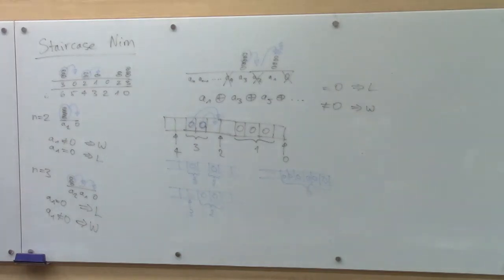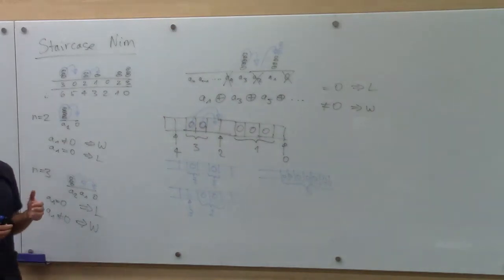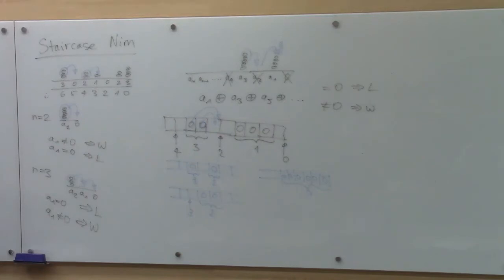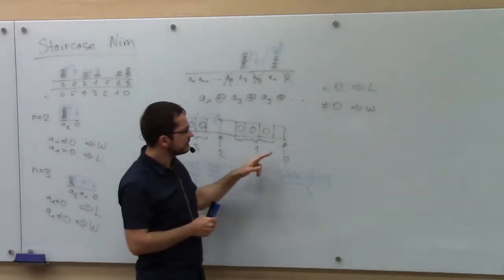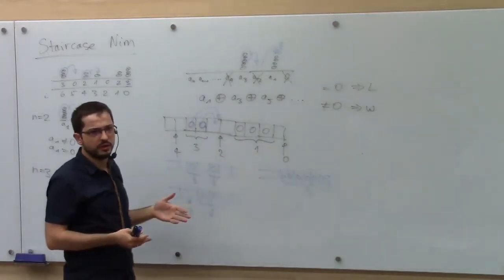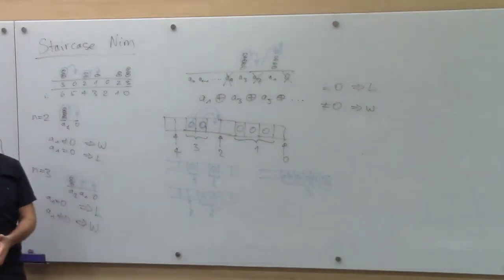Okay, but we can treat it as some kind of special case, because let's see what we have here. We know that group number 0 will be empty, because otherwise it's a losing position.